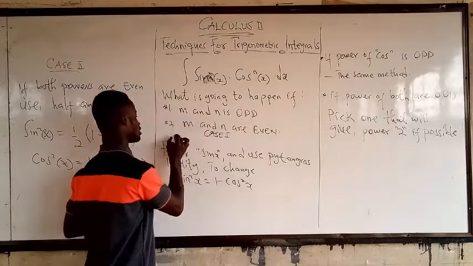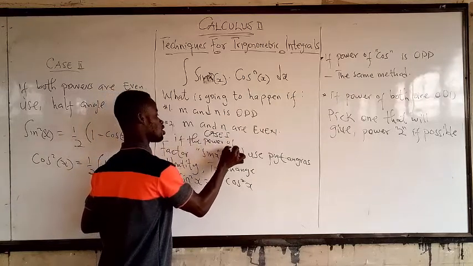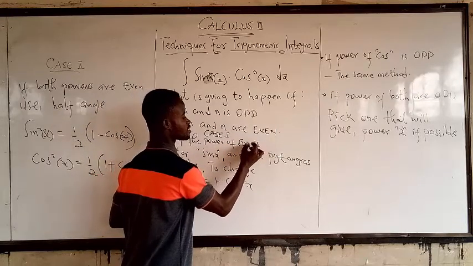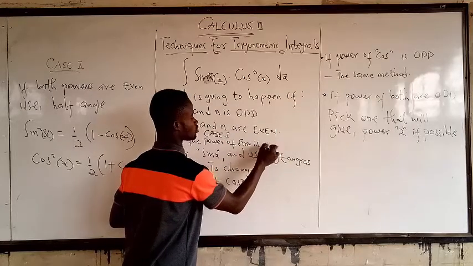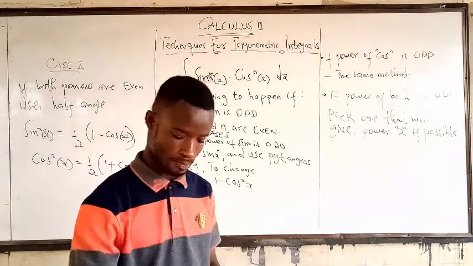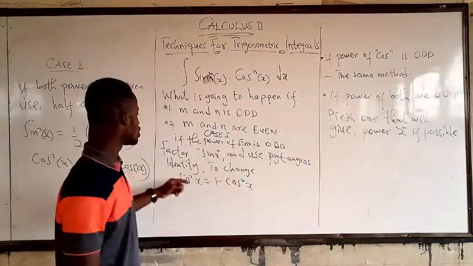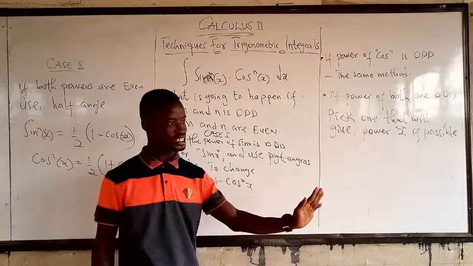Case 1: if the power of sine is odd, you factor one of the sine x out.